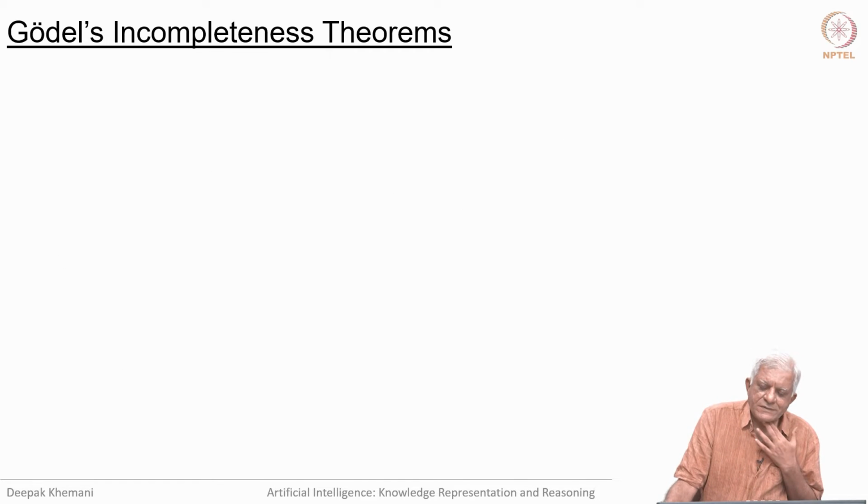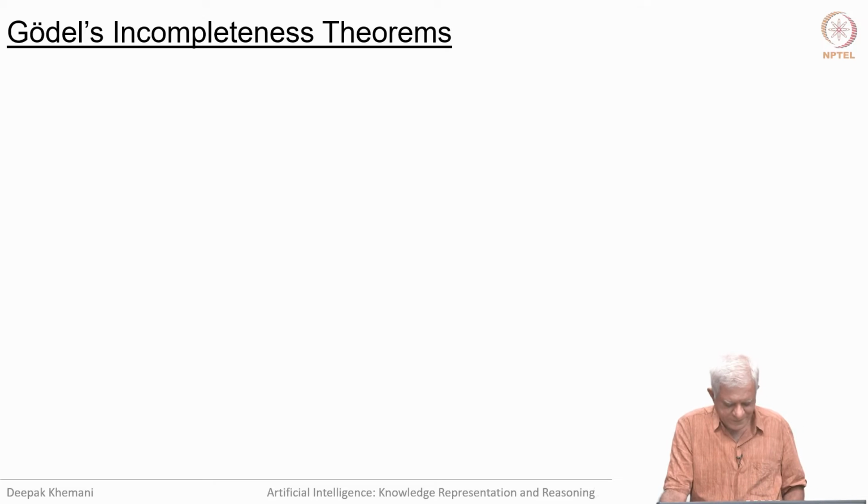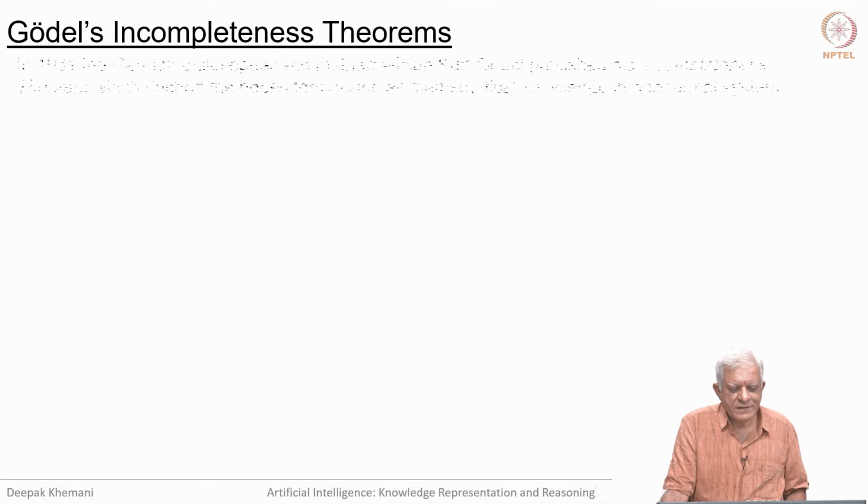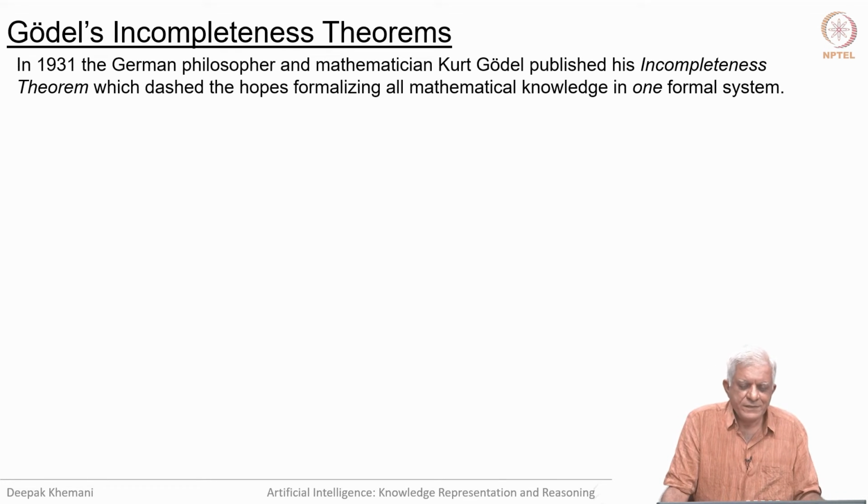So, let us talk about this landmark event in logic. In 1931, the German logician, philosopher, mathematician, whatever, Kurt Gödel published his incompleteness theorem. It is called Gödel's incompleteness theorem, which dashed the hopes of formalizing all mathematical knowledge in one formal system.